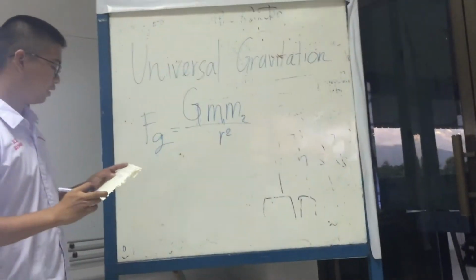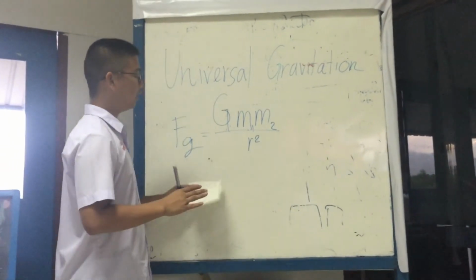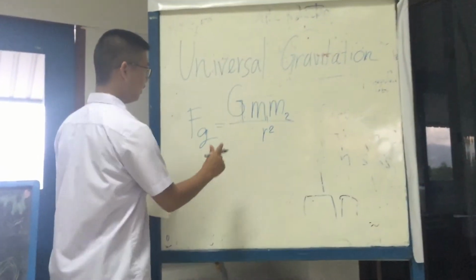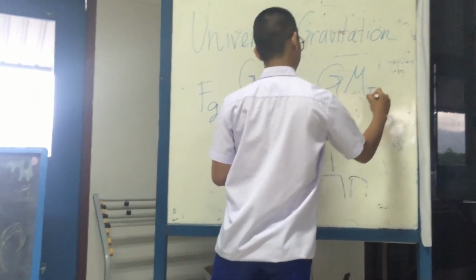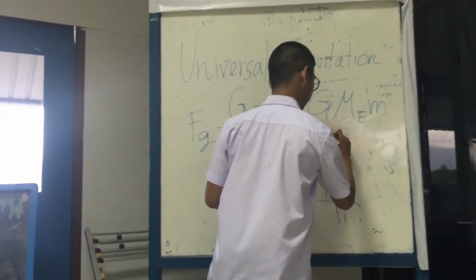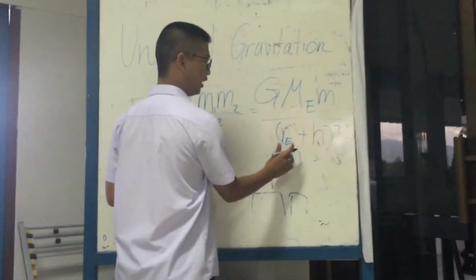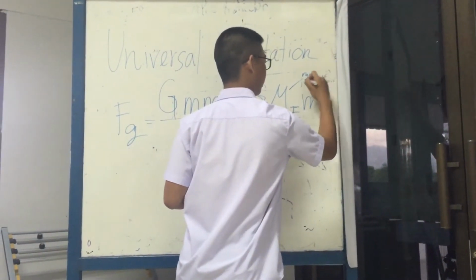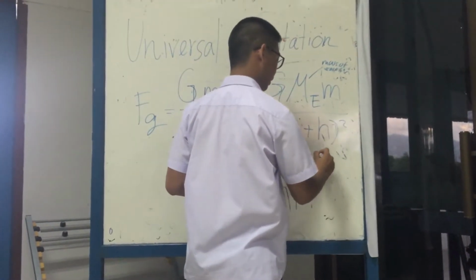So this is it. If the case is for Earth and other objects in the universe, we can describe this also as g, which means gravity, with the mass of the Earth, and this is the radius of Earth.